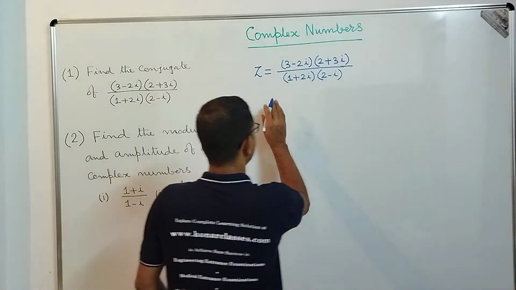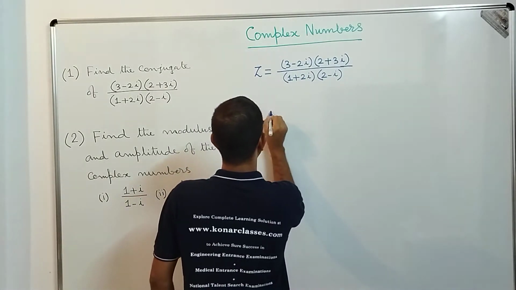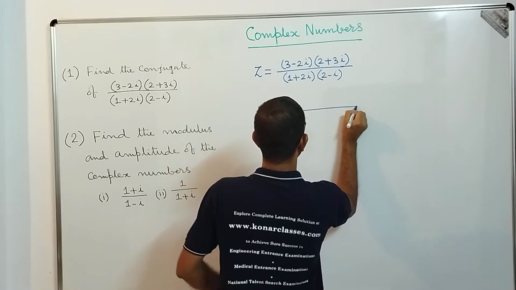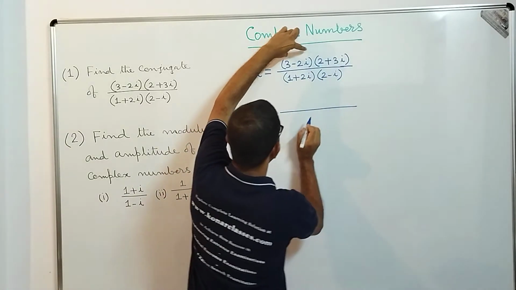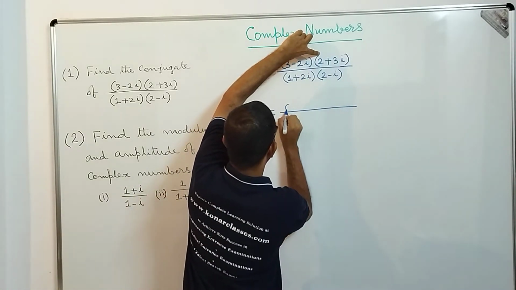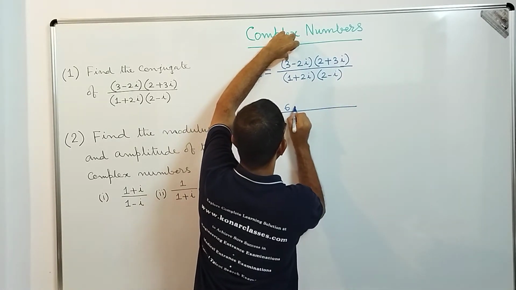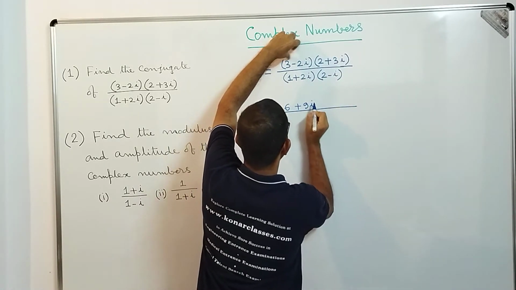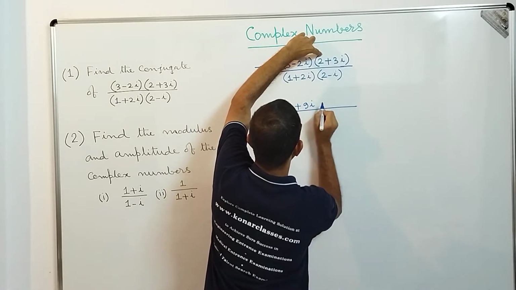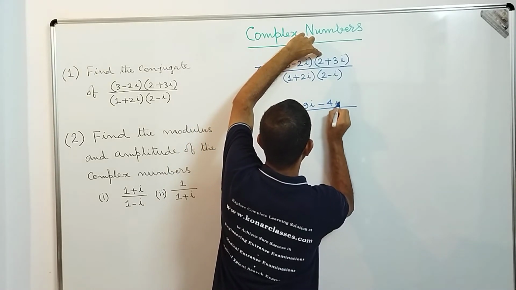Okay, so for that we should multiply the numerator, those two complex numbers. So 3 into 2, that is 6, then 3 into 3i, that becomes 9i. Then minus 2i into 2, that becomes minus 4i.